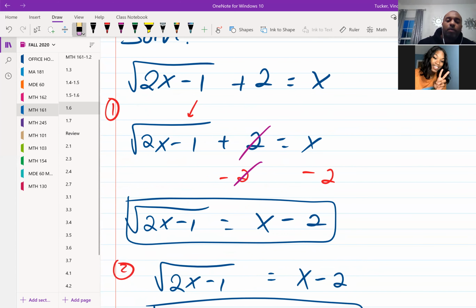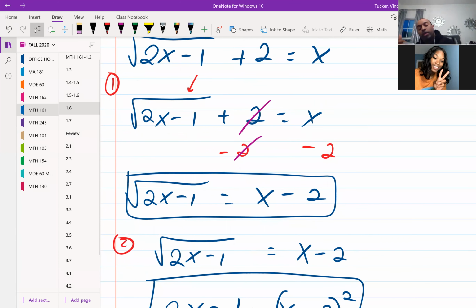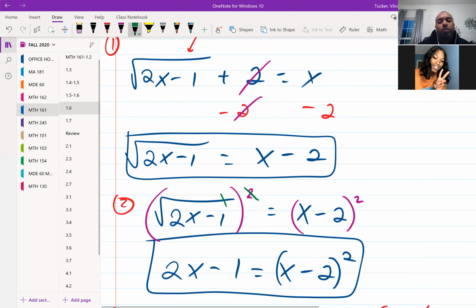So next thing we want to do is get that radical off of our expression of 2x minus 1 so that we have access to the x. So we're going to square both sides, or raise both sides to the power of 2. The square and the square root will cancel on the left, leaving you with 2x minus 1.